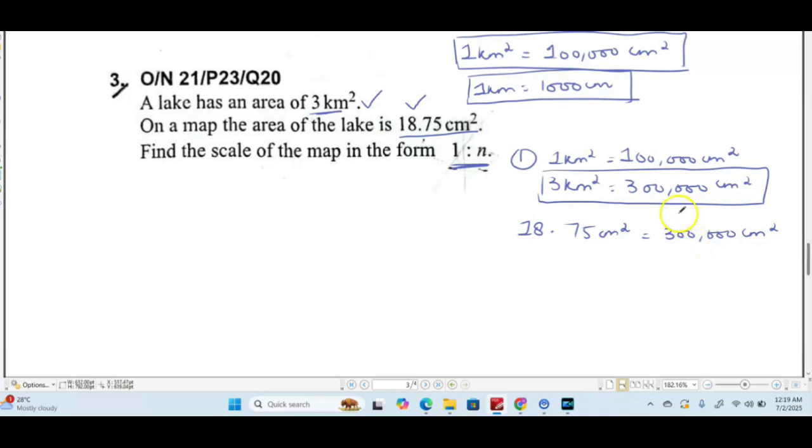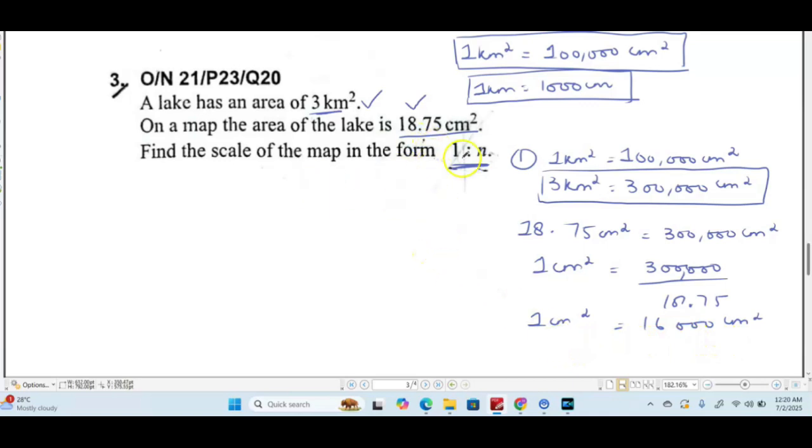We've converted 3 kilometers into centimeters so that the units are the same. So 1 centimeter square would be equal to obviously 300,000 by 18.75. That gives us 16,000 centimeter squares. So now we've found that 1 centimeter square is equal to 16,000 centimeter squares.